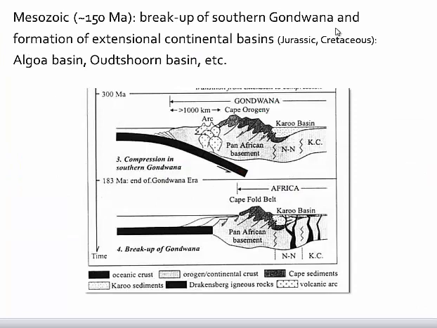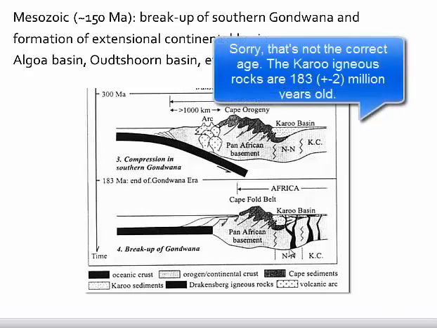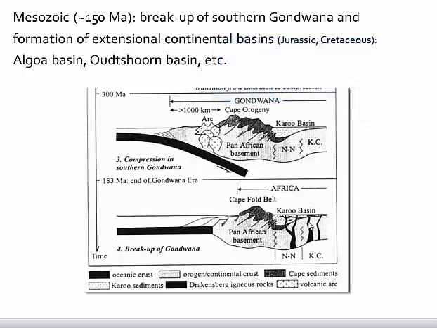Here is this stage again shown in the Mesozoic time period. We see here the Cape Fault Belt exists, the Karoo Basin exists, and here are the dolerite dikes that you might have heard of. The Karoo is famous for the massive intrusion of dolerites at about 150 million years ago.